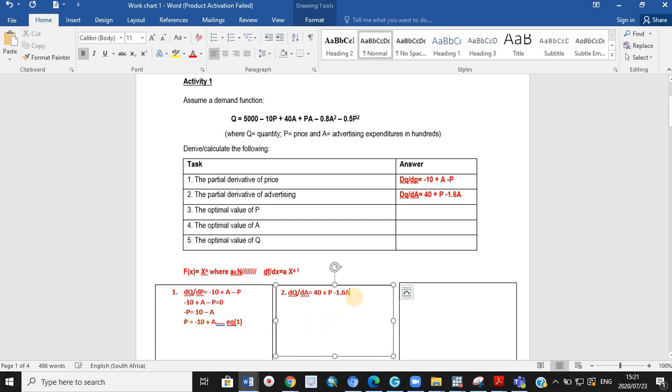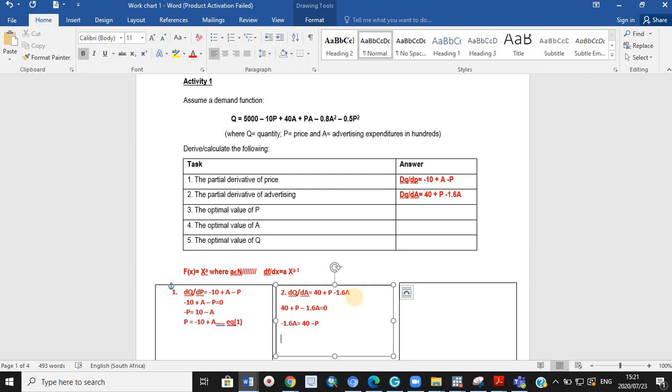All right, we will do the same here. This partial derivative must be equal to 0: 40 plus p minus 1.6 a should be equal to 0. We solve for a, so we remain with minus 1.6 a should be equal to minus 40 minus p.